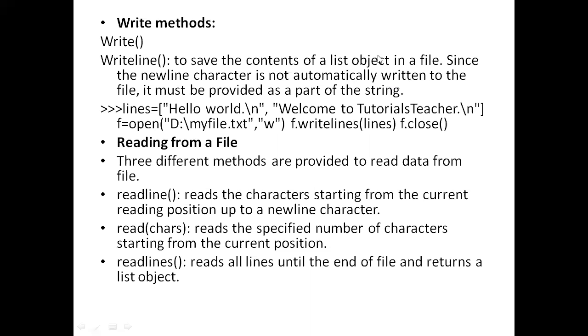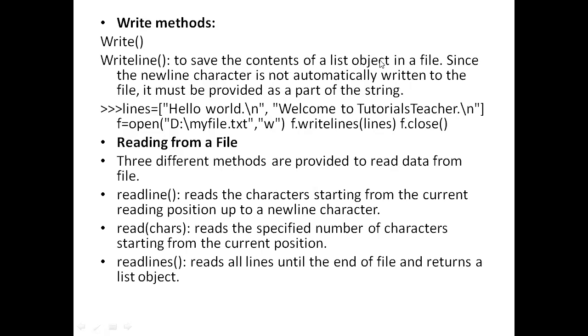Once you open the file, you need to mention the mode of file processing, meaning for what purpose you are going to open it, for writing or for reading. If you are opening the file for writing, mention W. If you are opening it for reading, mention R. Based on your situation, you can open the file in either writing mode or reading mode.